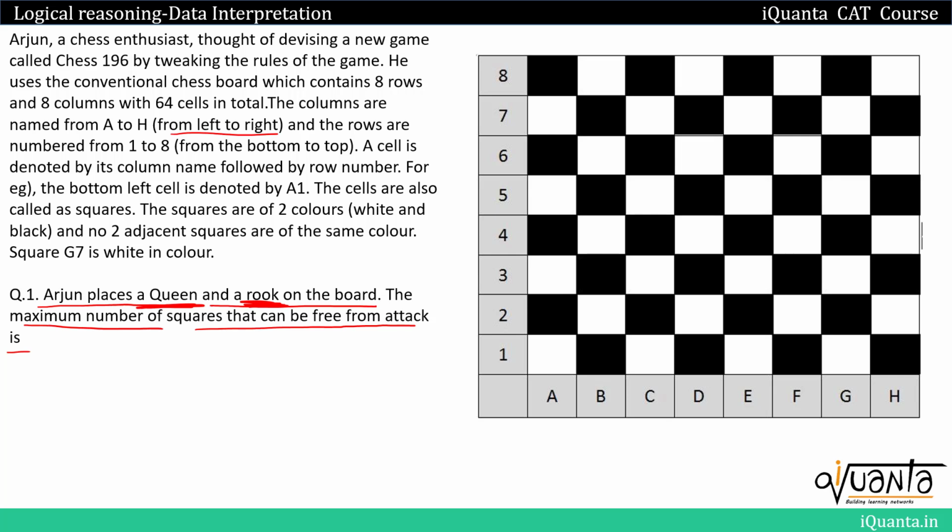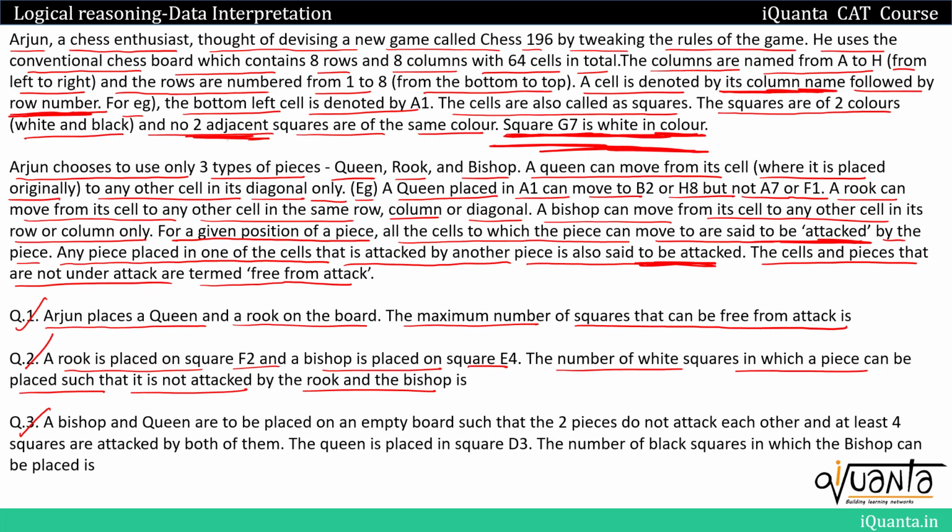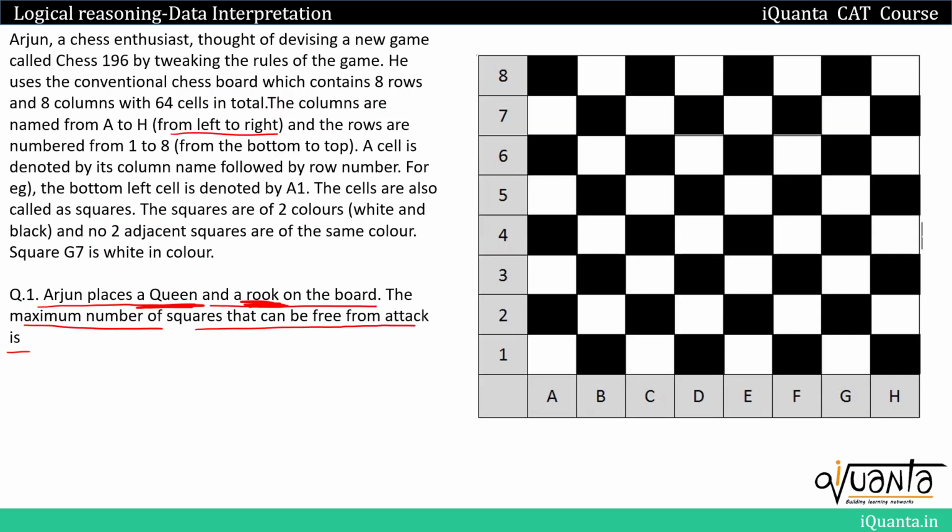First of all, let us find out the manner in which the queen and rook attack. So the queen can attack anywhere in the diagonals. The rook can attack anywhere in the rows, columns or diagonals, but they must be in the same row, column or diagonal. A rook can attack any other cell in the same row, same column or same diagonal, and a bishop can move from its cell to any other cell in its row or column only.